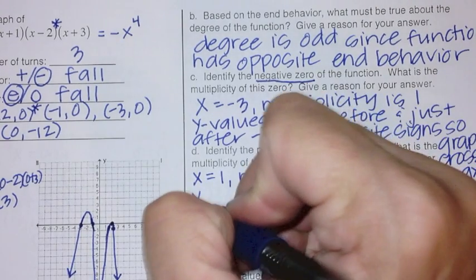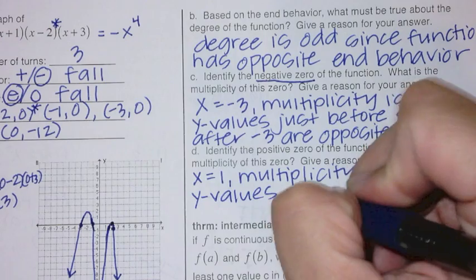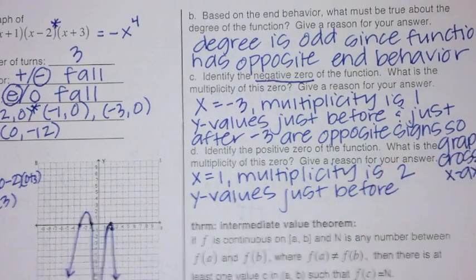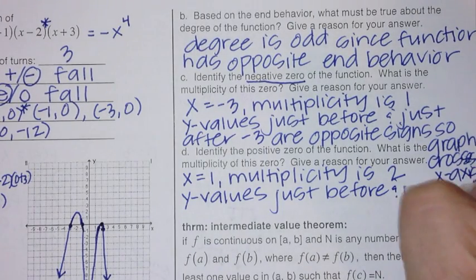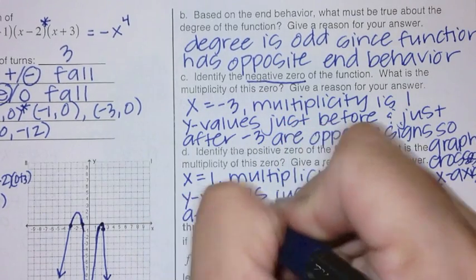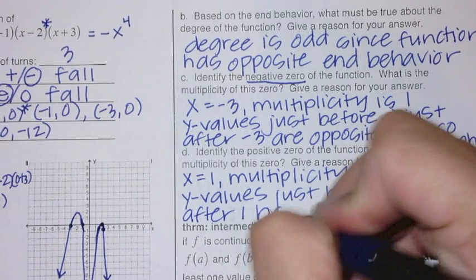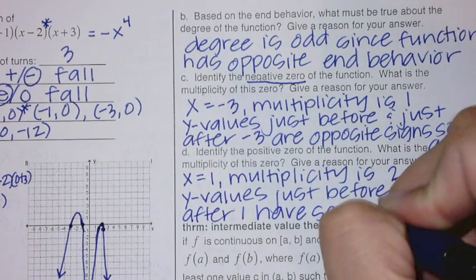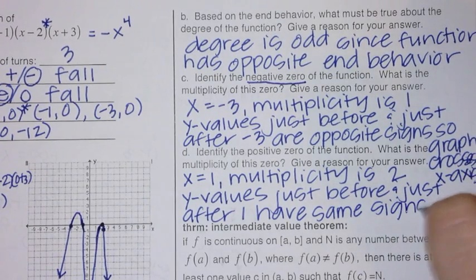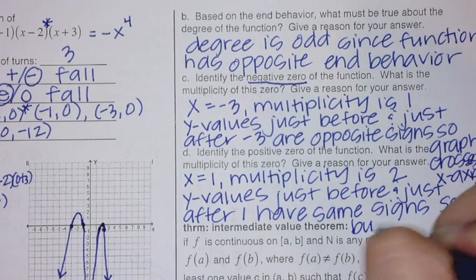And then our reasoning is that the y values just before and just after 1 don't change signs, or they have the same signs. So it bumps the x-axis.